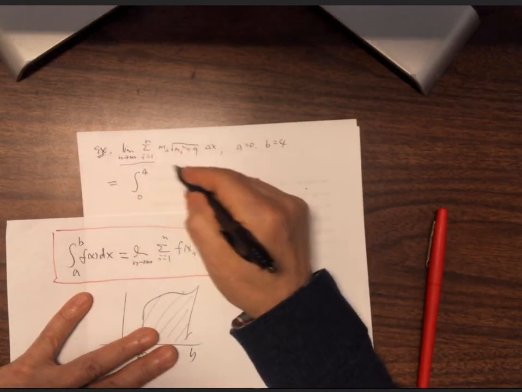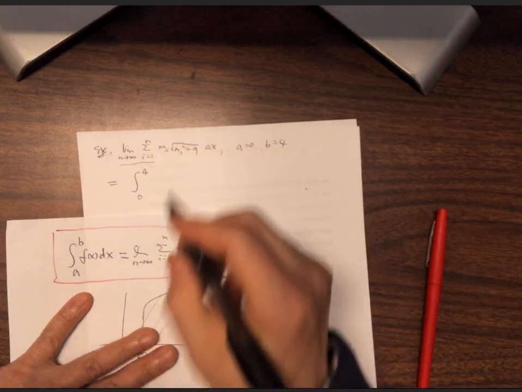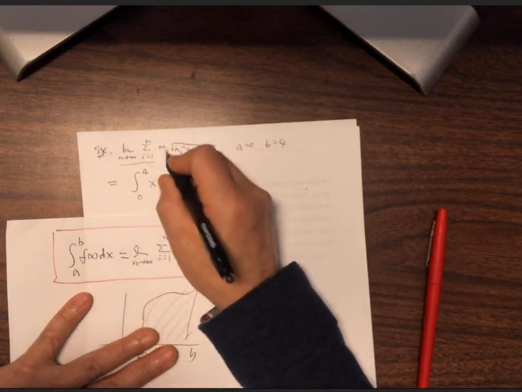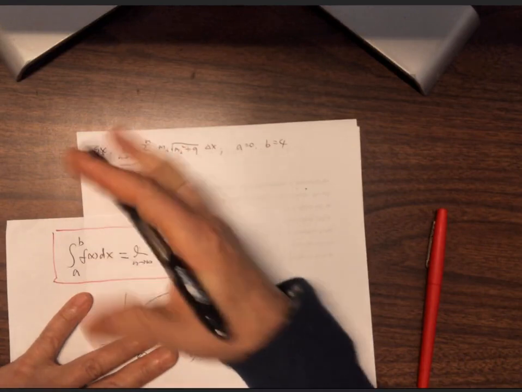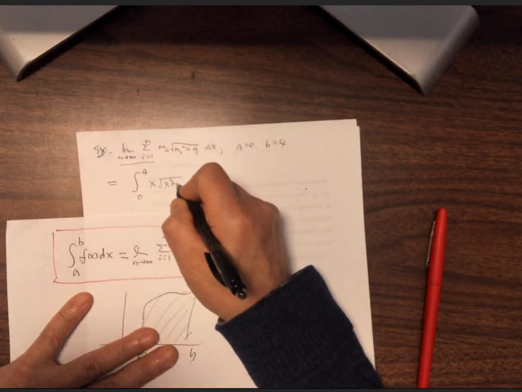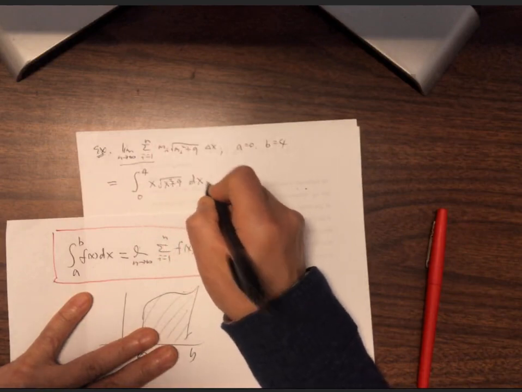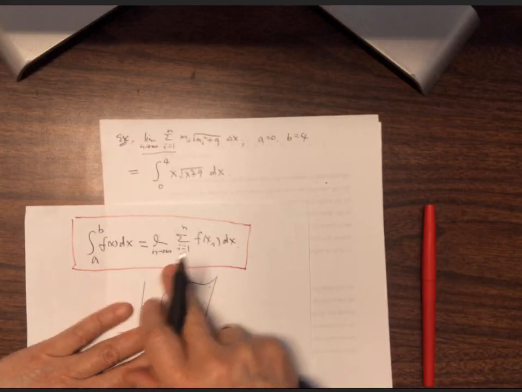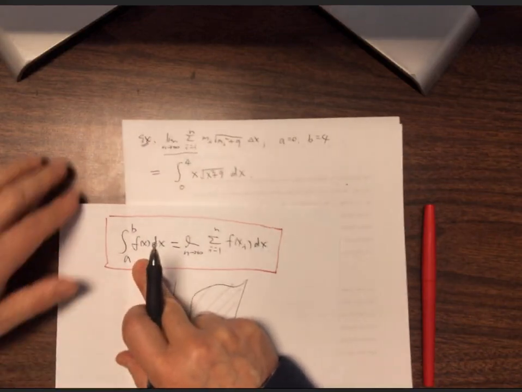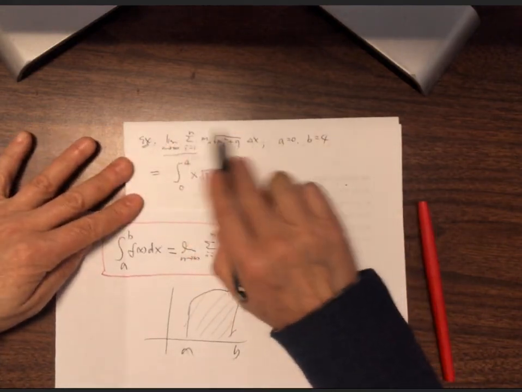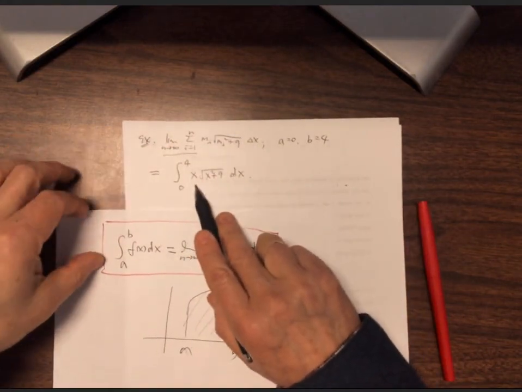This is the function. So we turn the midpoint to just some arbitrary point x, square root of x squared plus 9 dx, according to the definition of the definite integral. So this is the first part. We turn the limit to a definite integral, then evaluate.